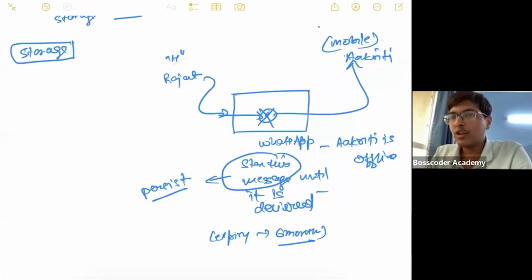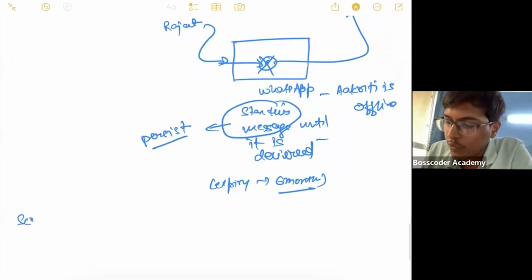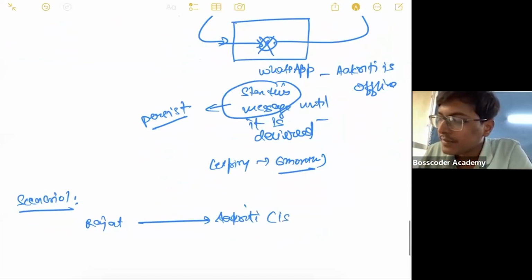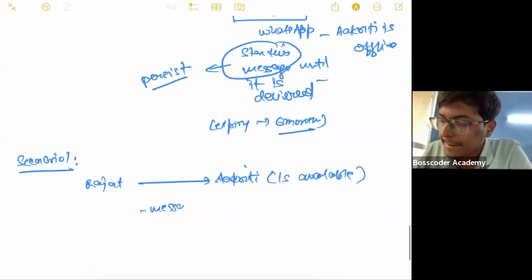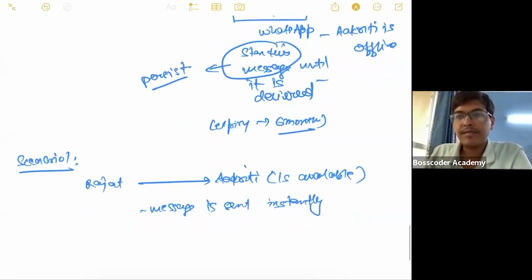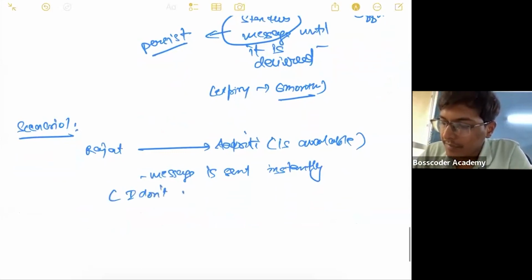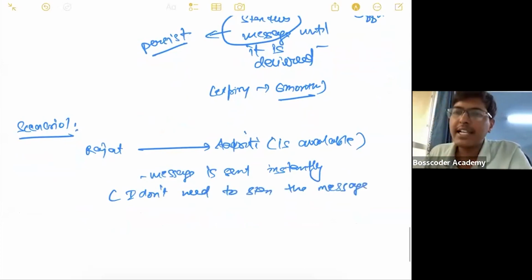Right? So there are certain scenarios that I see now. Scenario one that I see is Rajat sends a message to Akriti and Akriti is available. So the message is sent instantly. Right? Does this make sense? In this case, I don't need to store the message. And I can delete it instantly or delete it after some point of time, which is my threshold, whatever it can be.